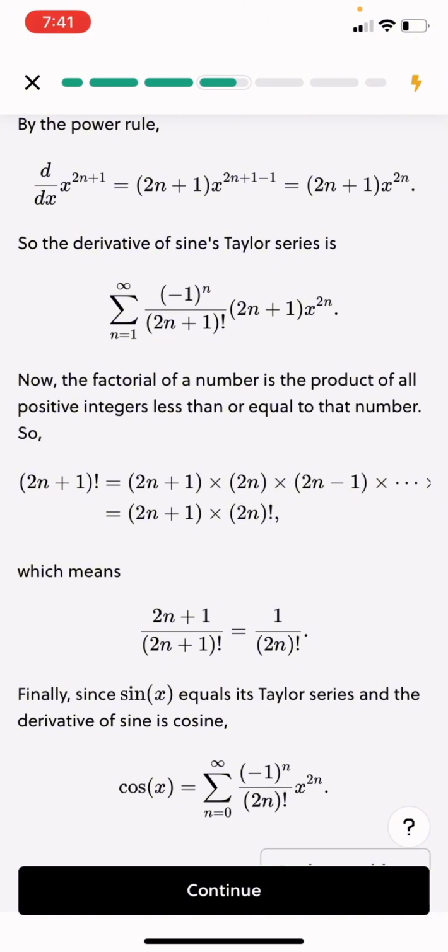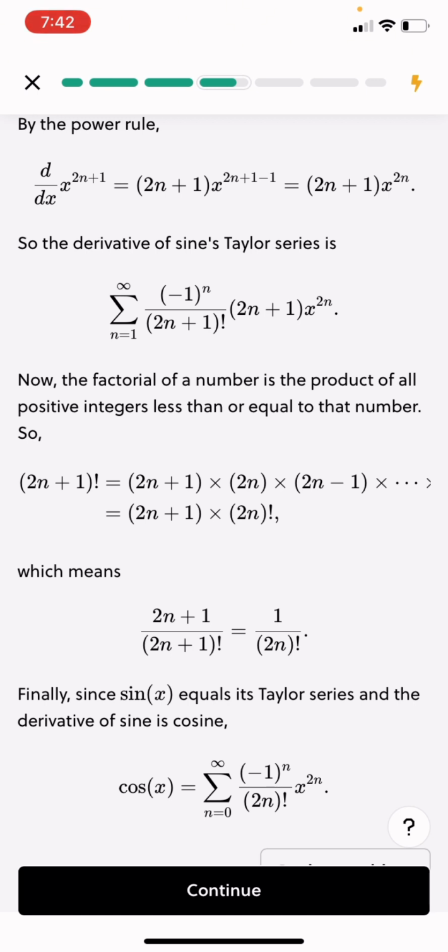Now the factorial of a number is the product of all positive integers less than or equal to that number. So 2n plus 1 factorial equals 2n plus 1 times 2n times 2n minus 1 times continuing, which equals 2n plus 1 times 2n factorial, as we can see by this.